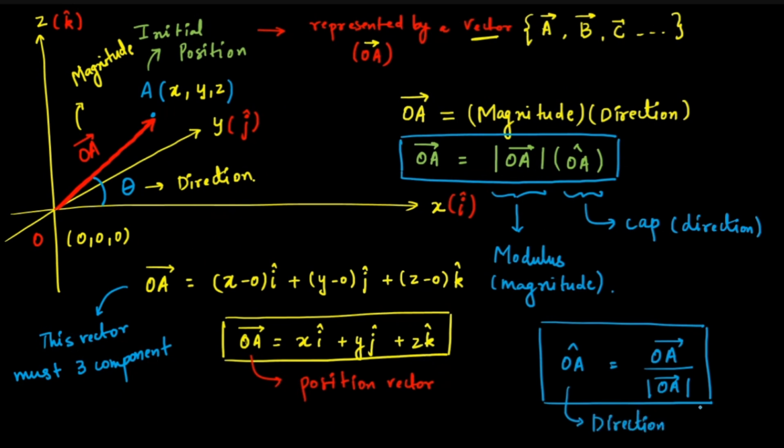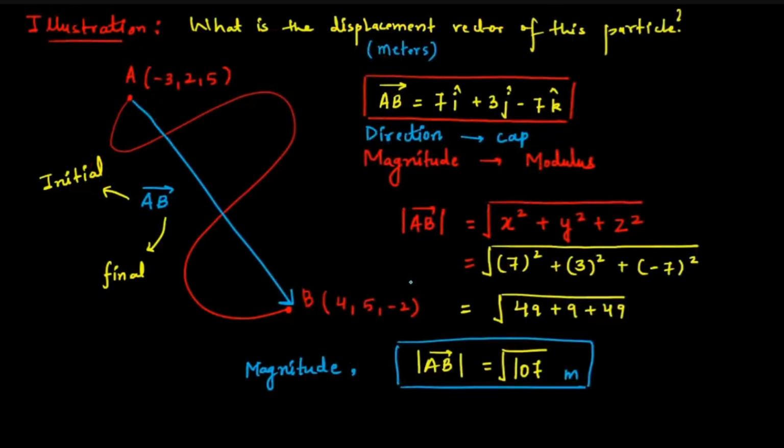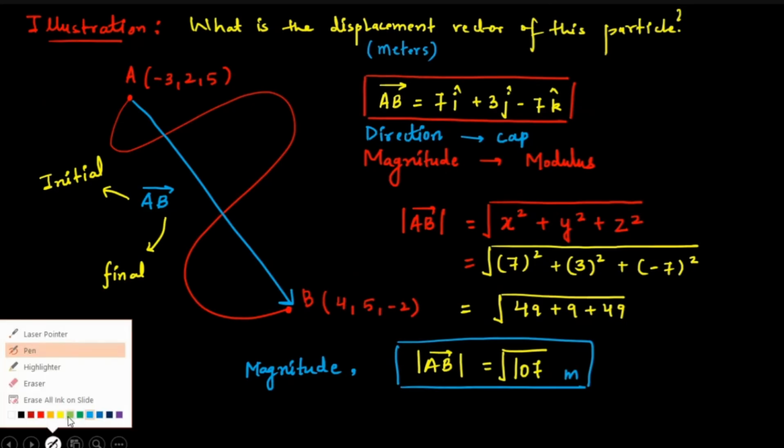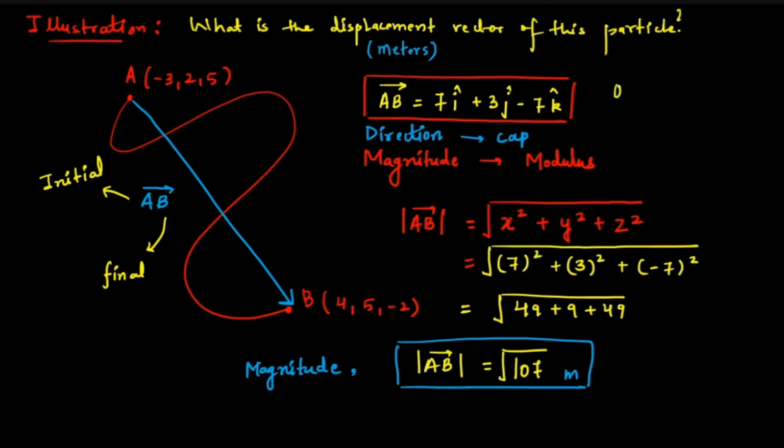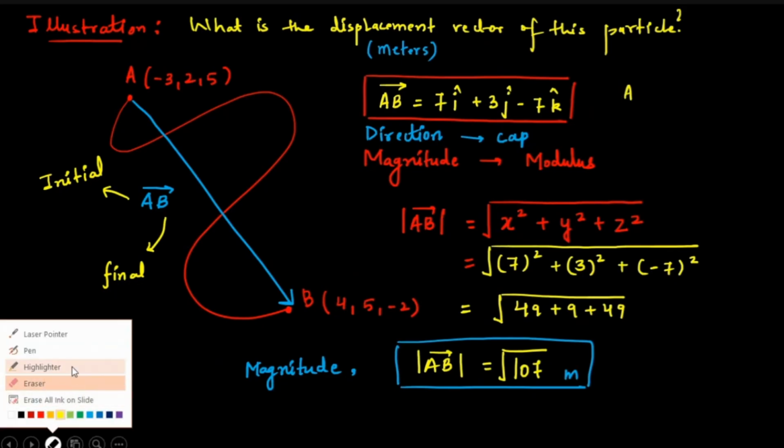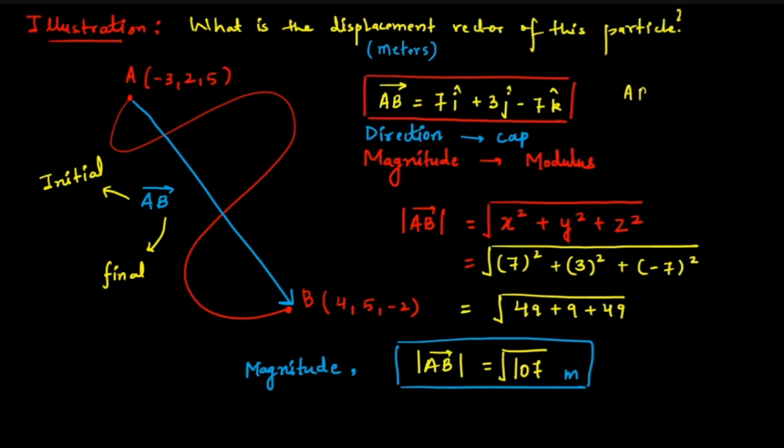And if we apply the same in this particular question, let me write the answer directly. I can say OA, not OA here, I should write AB. So here I would say AB cap is going to be AB vector divided by the vector's magnitude.